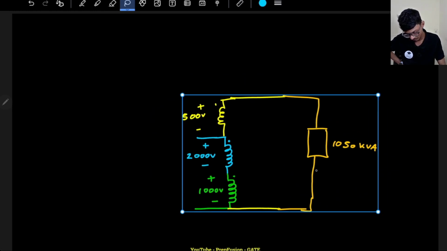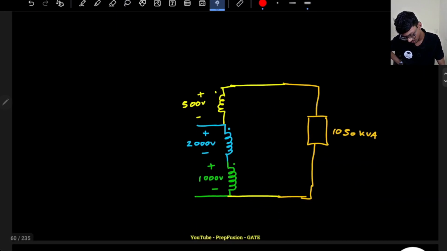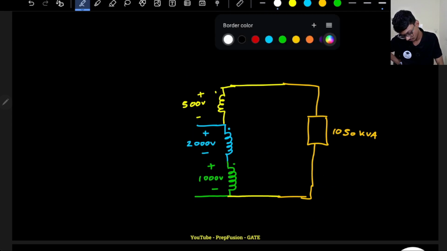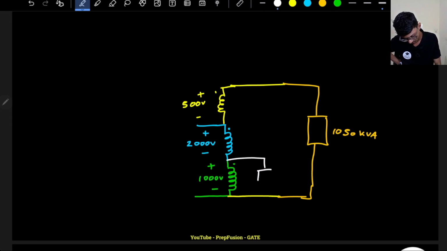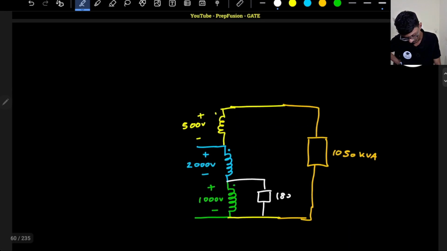Okay, and next load is connected to 1000 volts. So 1000 volt is actually here only. So this is the other load that is connected, that is here, whose kVA is 180. Power factor they have not mentioned.